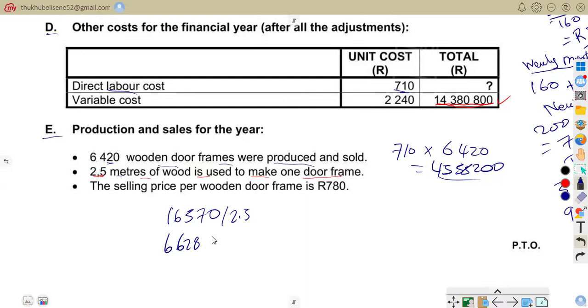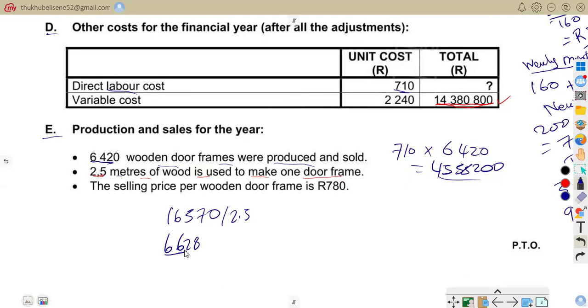So we are saying this one is the possible. Our possible is 6,628. How much we produced? Produced is 6,420. So the standard one that we expected was this much, but you happened to produce this.